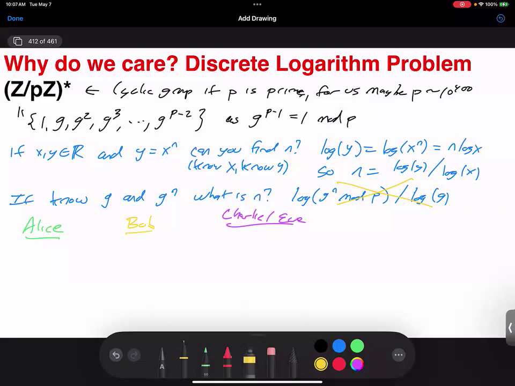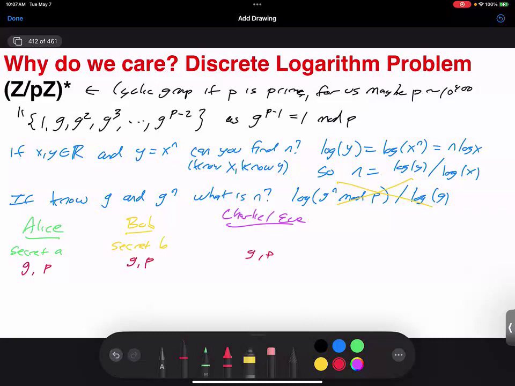Okay, so Alice has a secret A. Oops. Since I'm in yellow, I'll write Bob's secret B for Bob. Alice has a secret A. And then everybody knows G and the prime P. So even Charlie and Eve know that.